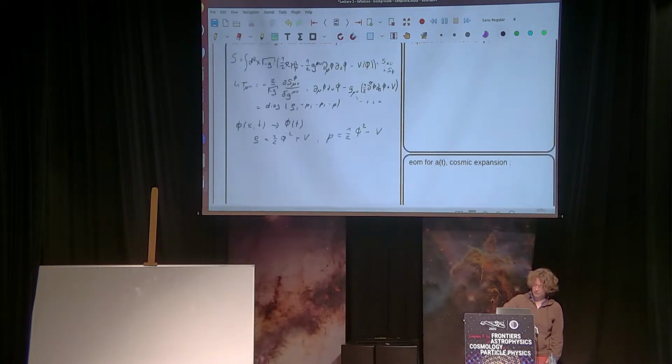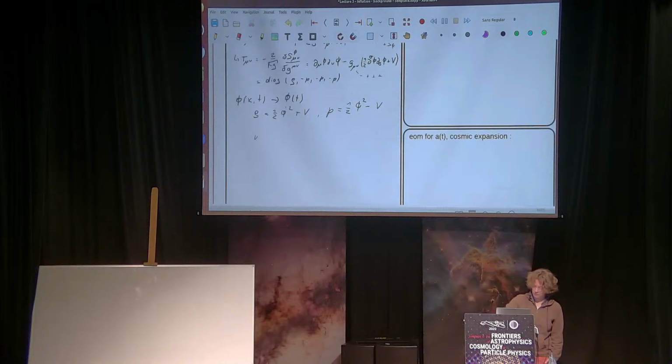So that's enough now to compute the equation of state. So omega equals P over rho. Okay, just plug this in here. So 1/2 phi dot squared minus V divided by 1/2 phi dot squared plus V. And now you see that if the potential energy is much bigger than the kinetic energy, right, then we can drop the kinetic term and we just get omega goes to minus 1.